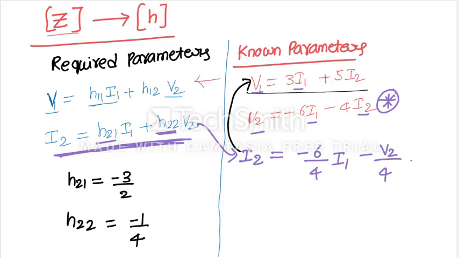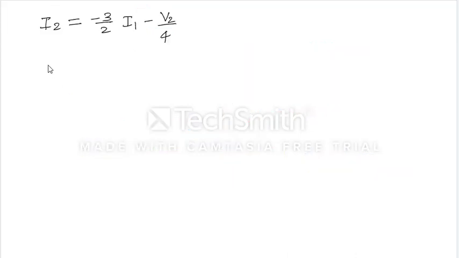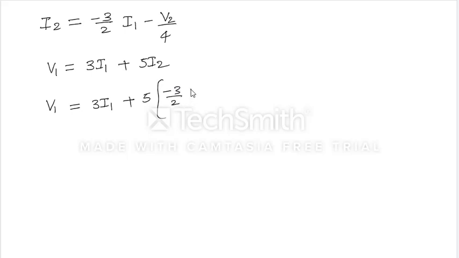And what is the other than the star equation? This one now, V1 is equal to 3I1 plus 5I2. Now replace: V1 is equal to 3I1 plus 5 into I2, that is, minus 3 by 2 into I1 minus V2 by 4.